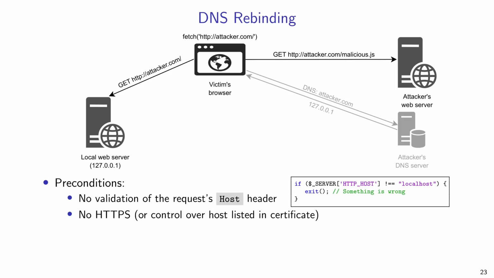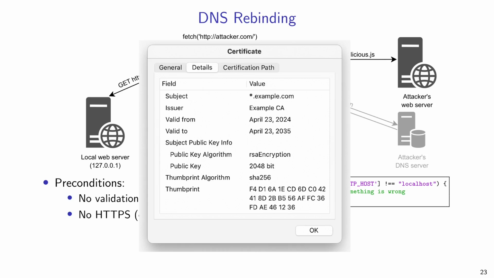Now, in principle, even HTTPS websites could be vulnerable if the attacker controls any host listed in the website's TLS certificate. For instance, if the target website uses a wildcard certificate like you see here, then an attacker would need to compromise any subdomain to carry out the attack.